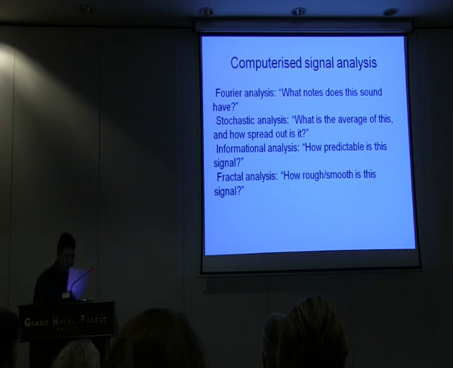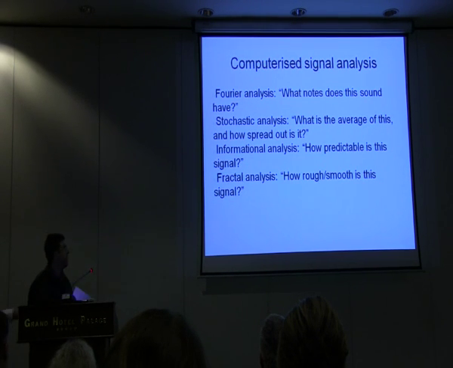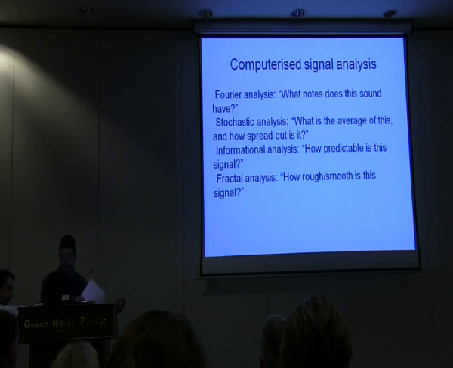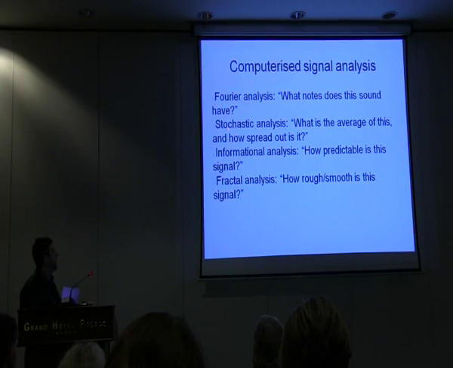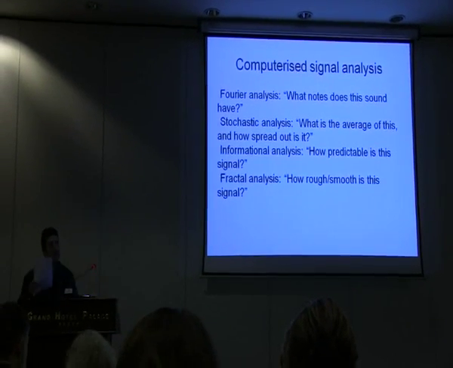Since the development of information theory, a plethora of methods have been devised, each with its strengths and weaknesses. A small sample can be found here. For example, with Fourier analysis, we can take a sound and find what notes comprise that sound. With stochastic analysis, we can find its average and how spread out it is.